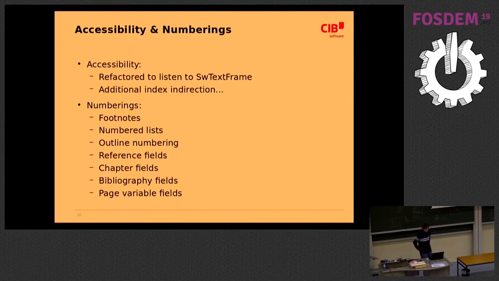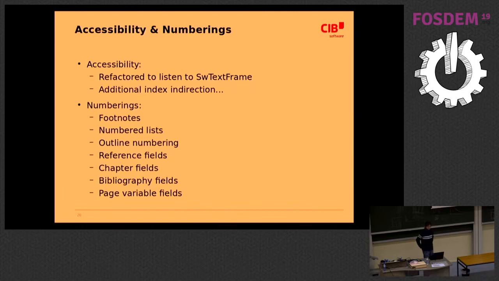And it turned out that this accessible paragraph had yet a third idea of what is actually in the paragraph and a third way of indexing into the paragraph. So there was another way to map indexes already in there, and we had to adapt that.